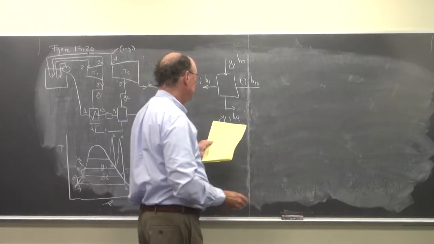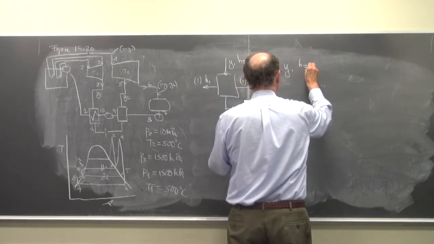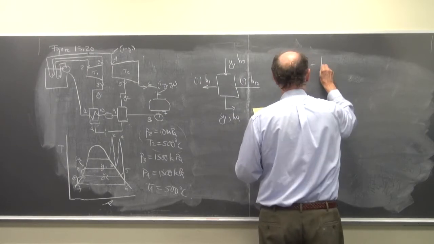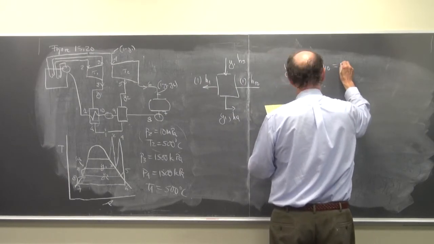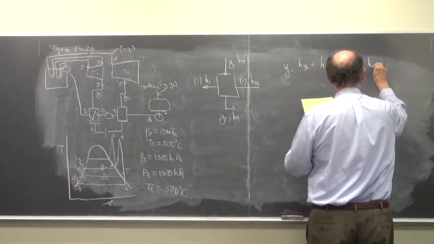And so if I look at this, we have Y1 H3 plus H10 is equal to H1 plus Y1 HA.